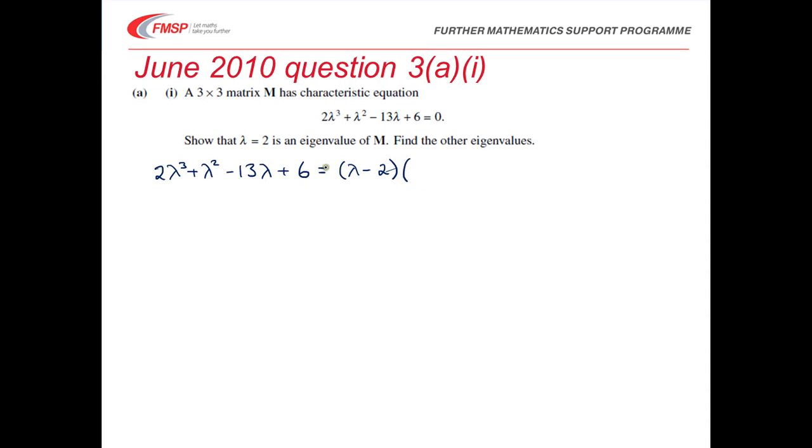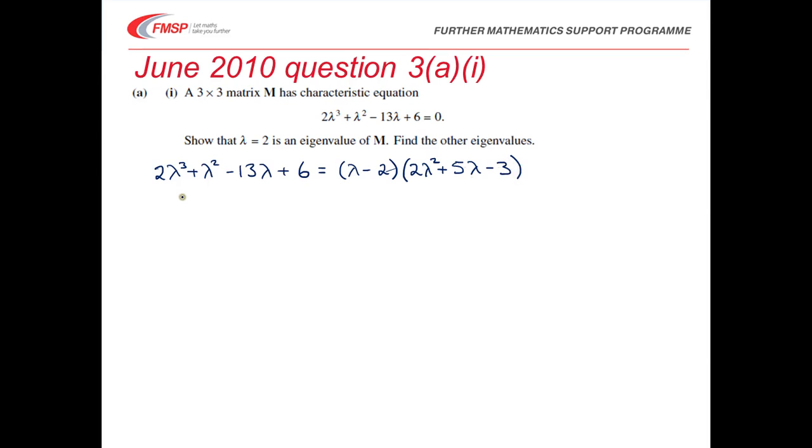So to get lambda cubed, I'm going to need 2 lambda squared. That will give me minus 4 lambda squared, and I want plus lambda squared, so that's plus 5 lambda. That gives me minus 10 lambda, I want minus 13 lambda, so I need another minus 3 lambda, and that gives me the plus 6 that I want.